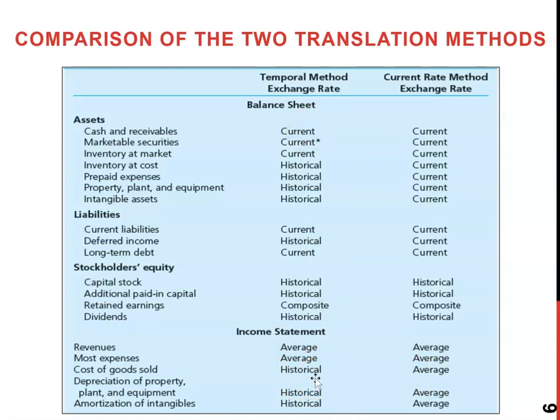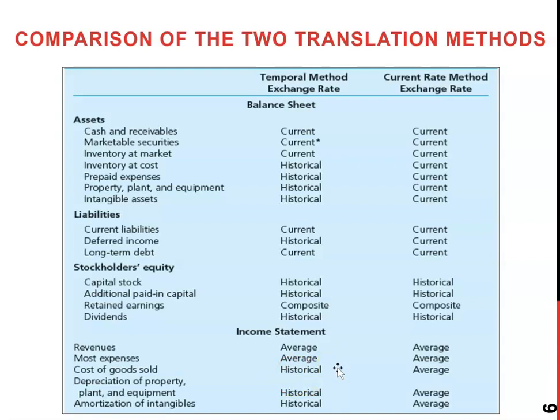What does this historical rate mean? It means that if you purchased goods in different batches on different dates, you have to figure out the goods you bought on that specific date and what the exchange rate was on that day. So cost of goods sold is always recorded under the temporal method based on the historical rate.